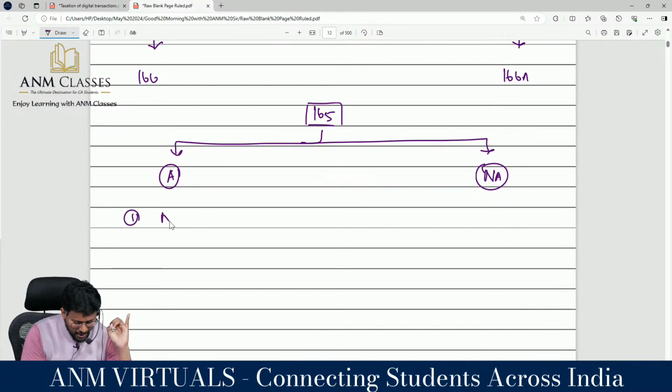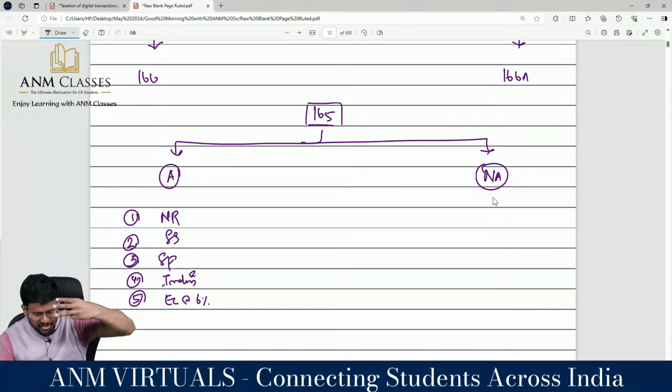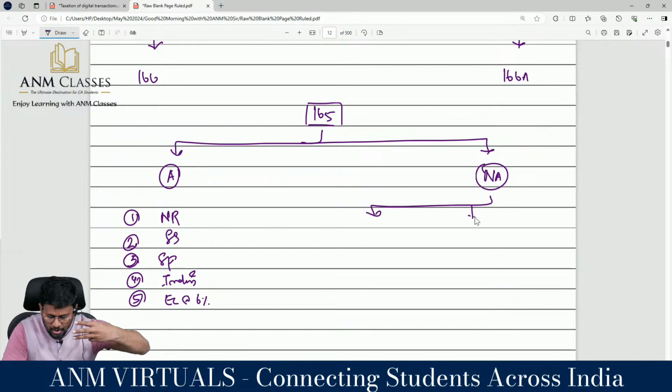The assessee should be a non-resident. He should provide specified service to a specified person located in India. Then the specified person located in India is liable to deduct equalization levy at the rate of 6%. Non-applicability, what are the 3 conditions? It will not apply.